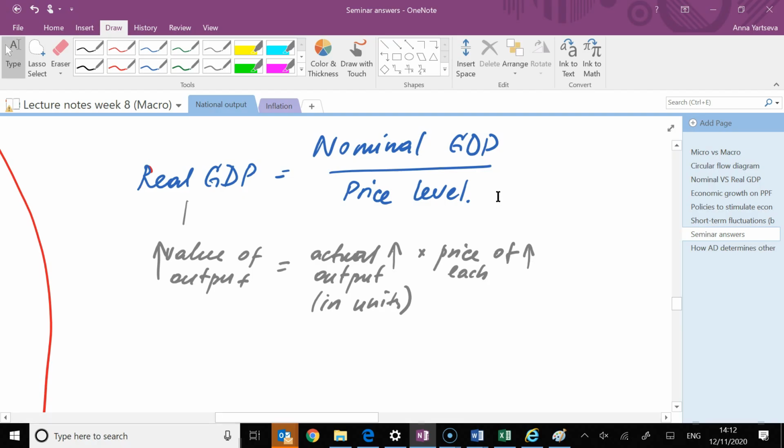So when you focus on the growth in the value of output, in other words, in nominal GDP only, you can misinterpret these increases which come from purely inflationary effects rather than from actual production.